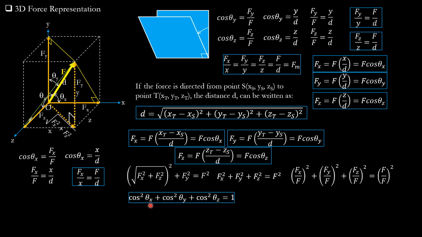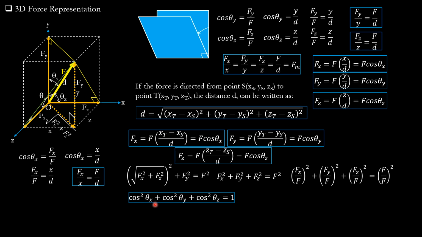So it means the cosine of this angle that the force makes with the x-axis, for example, is the direction cosine. Cosine theta x, direction cosine. Cosine theta y, direction cosine. Cosine theta z, direction cosine.